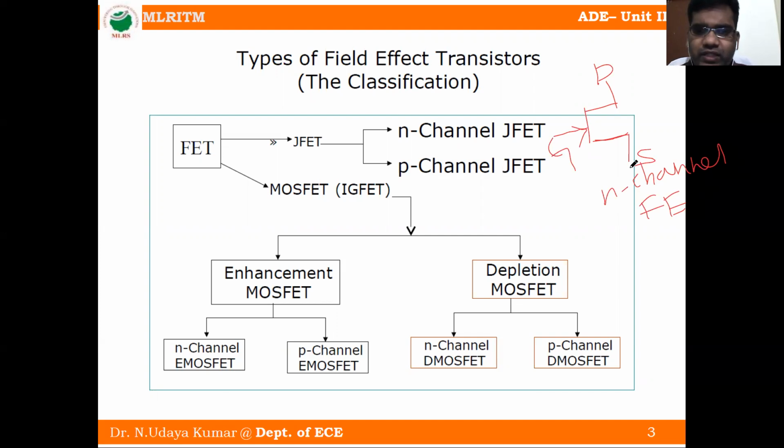Here a battery voltage is connected. This is the plus terminal, this is the minus terminal. The negative terminal is always connected to the source terminal. The positive terminal is always connected to the gate terminal. Here the voltage is VGS, the gate source voltage.